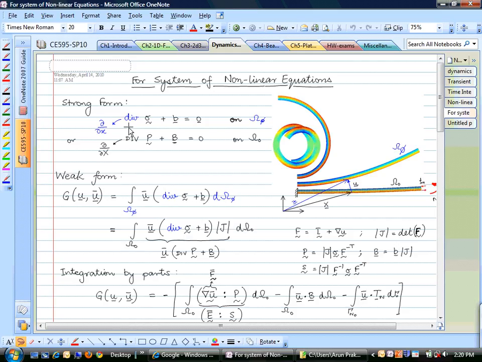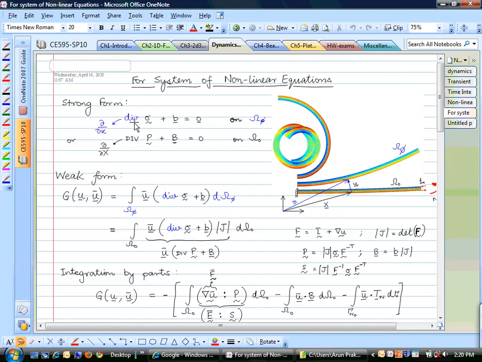The important things to note here are that this governing equation holds on the deformed configuration, and it can be written on the original configuration by slightly modifying it. There is a difference between this divergence and this divergence.